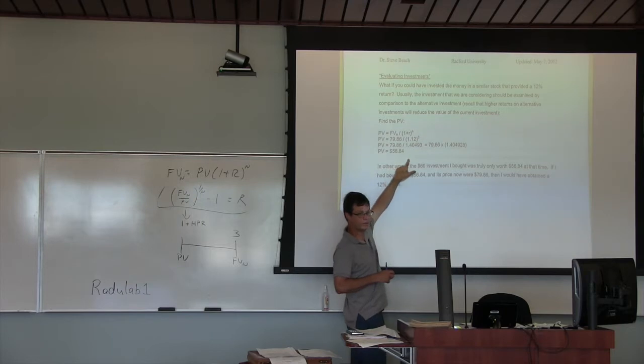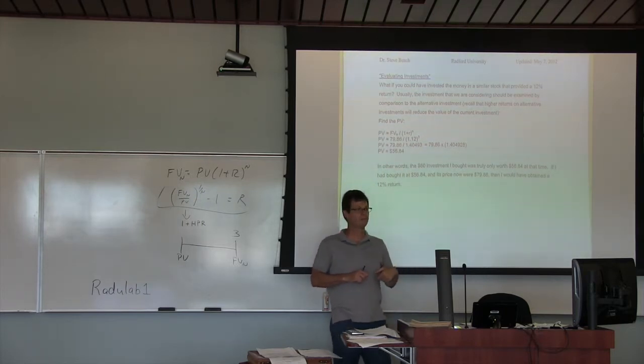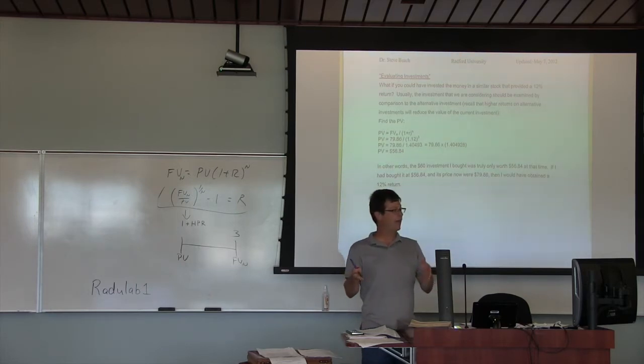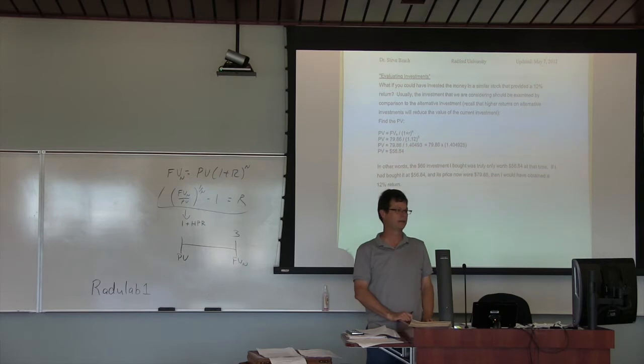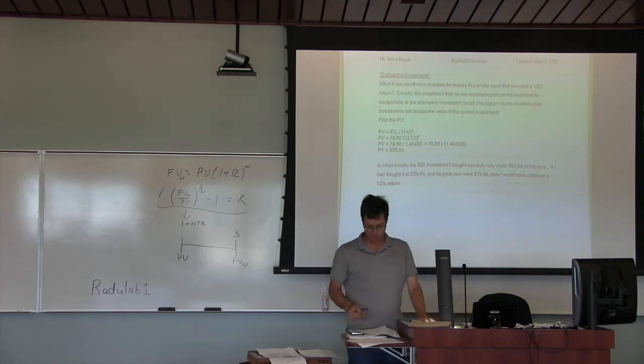I should have only been willing to pay $56.84 3 years ago. Now I can go back and assess what I did 3 years ago. Why did I make that mistake? What was my mistake in being willing to pay $60 when I should have only been willing to pay $56.84 for this stock? So that's one way to back this out and put those numbers to use.